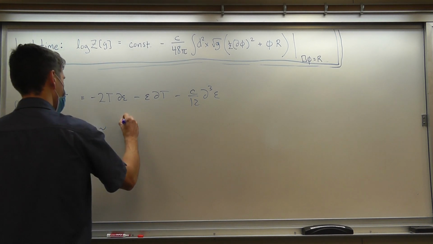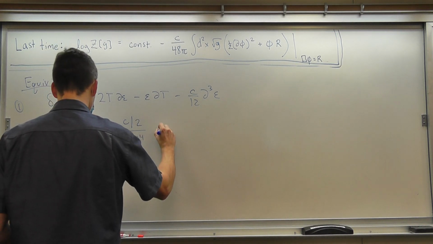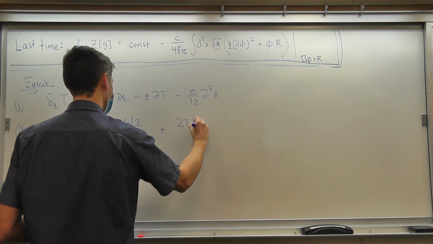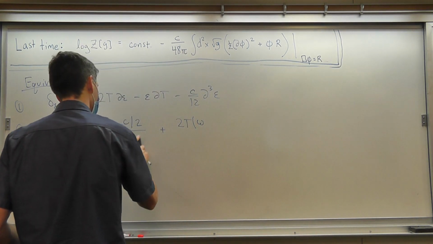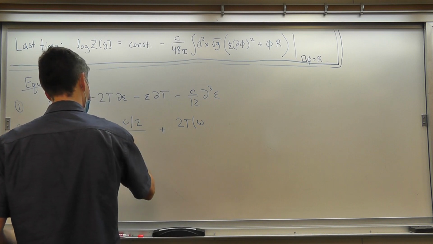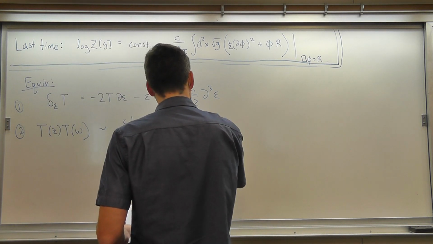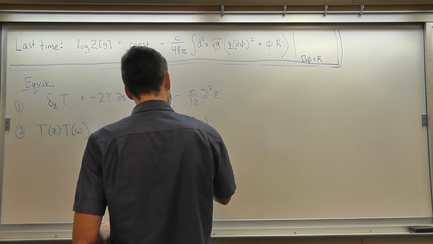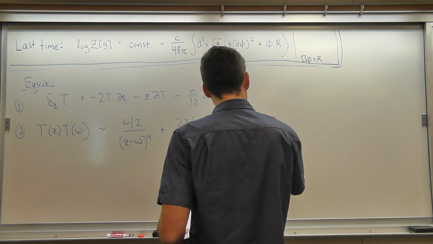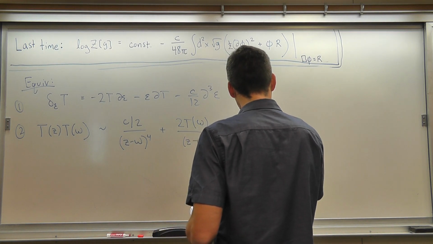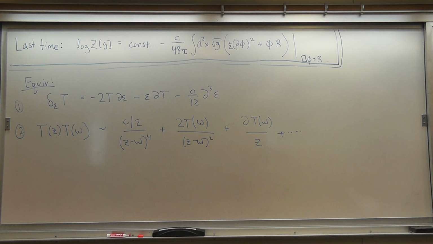So the OPE is C over 2 (z minus w) to the 4th, plus 2 T of w over (z minus w) squared, plus dT of w over (z minus w), plus less singular terms.